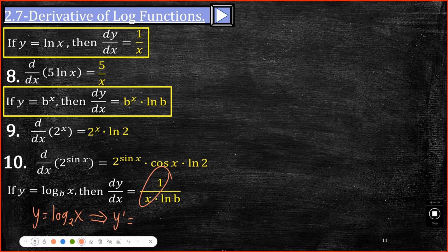So if this is true, then this should be 1 over x ln of the base. Let's see.